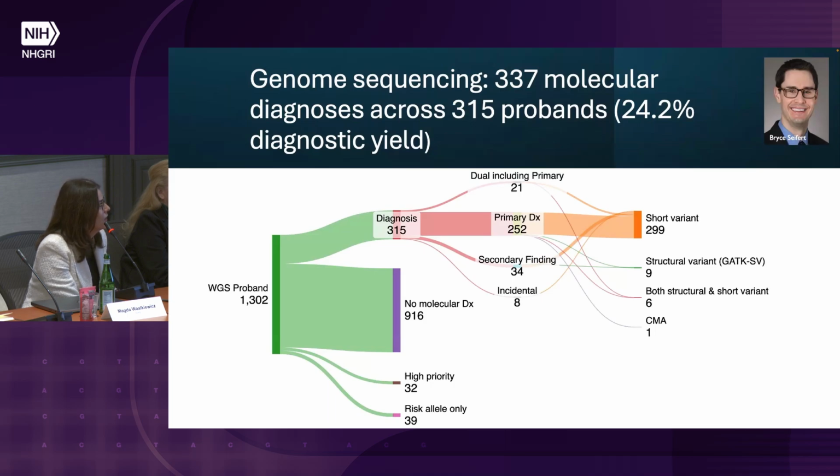And then our studies allowed us to establish molecular diagnoses for a little bit short of a quarter of our participants. These included primary diagnoses, secondary diagnoses, dual primary and secondary diagnoses.